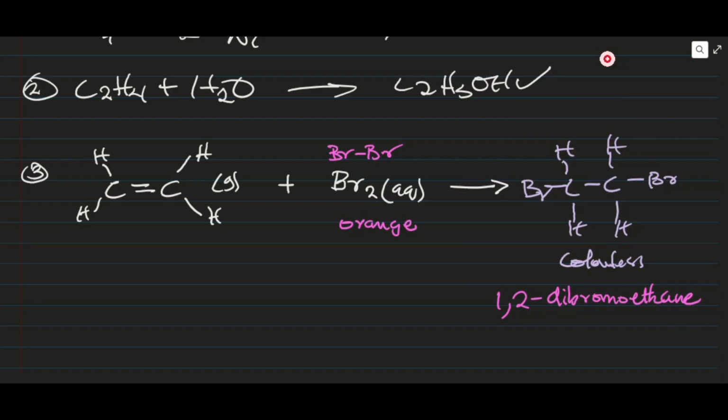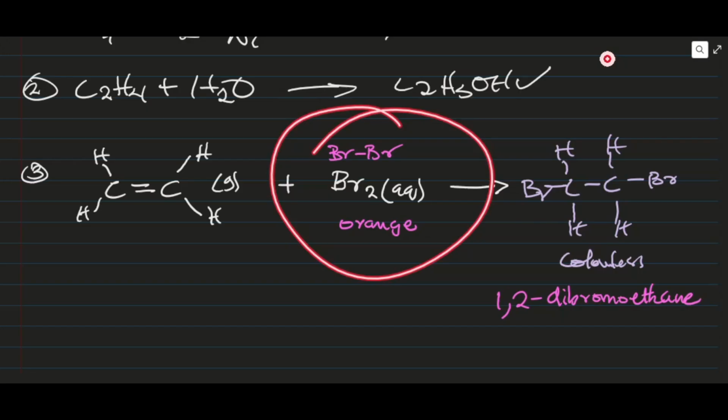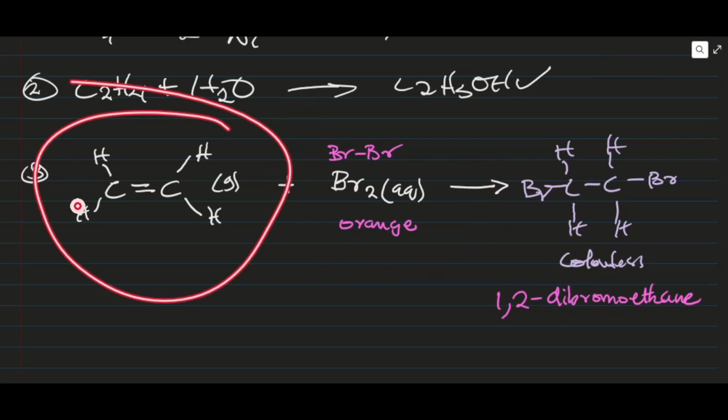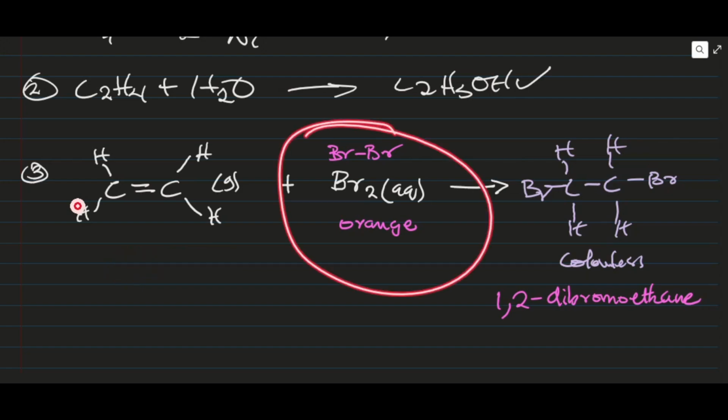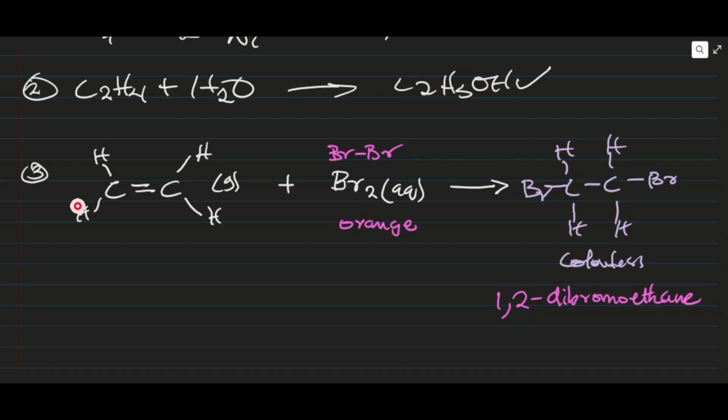So the color will change from orange to colorless if what you react bromine with is an unsaturated hydrocarbon or an unsaturated compound. If it is already saturated, that is, if there is no carbon to carbon double bond, the color of bromine will still remain after the reaction, because there's not going to be a reaction between bromine and that substance.